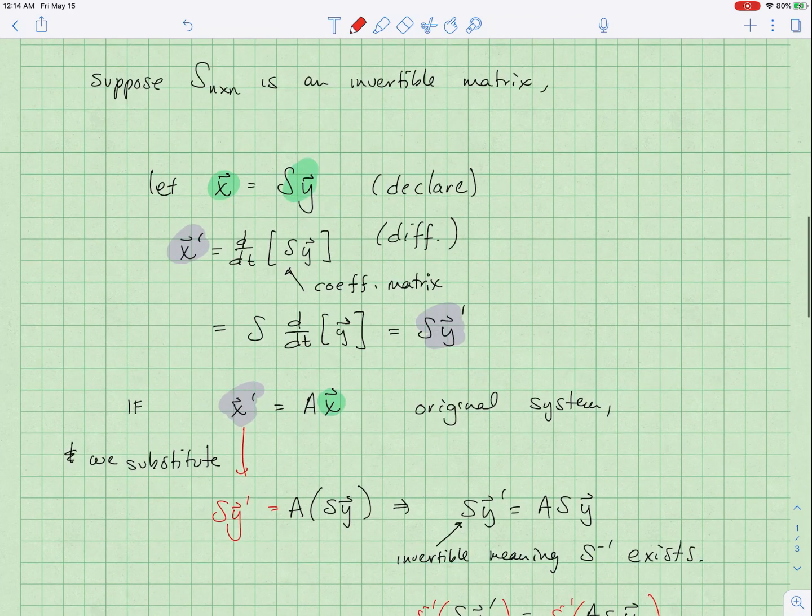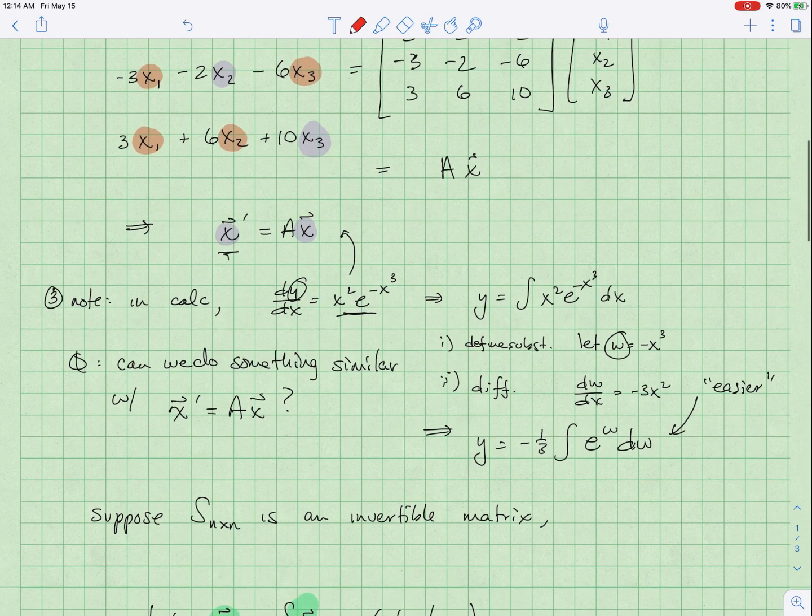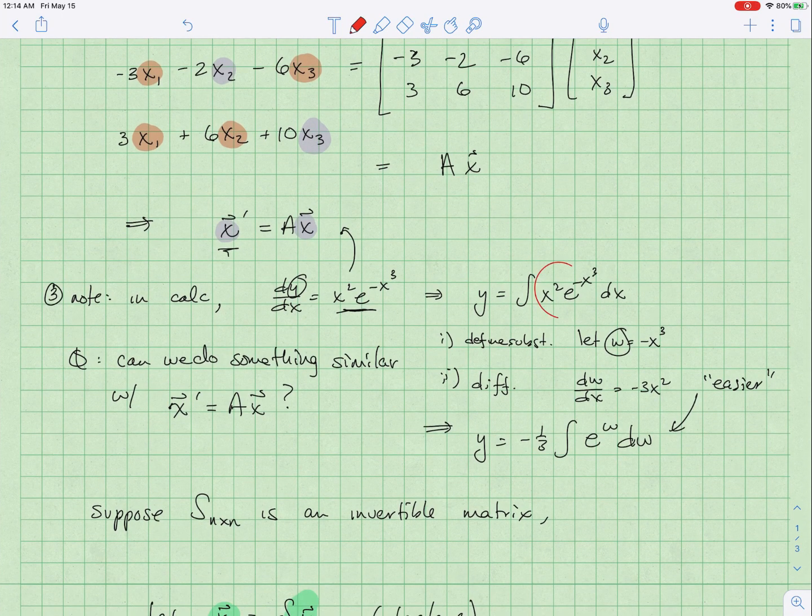Well, back here when we're talking about calculus, we're starting off with more or less an exponential function, and when we do the substitution, we're left with another exponential function. But the idea here was we did this substitution so that this was easier.